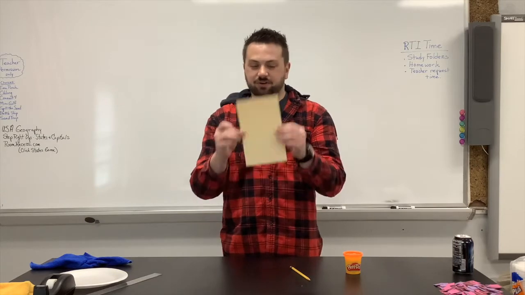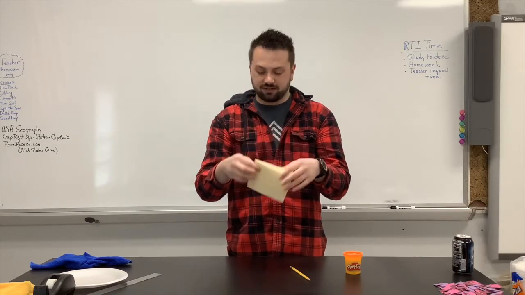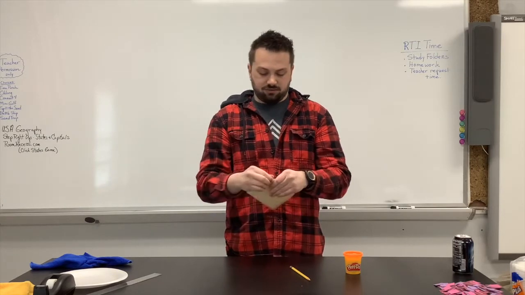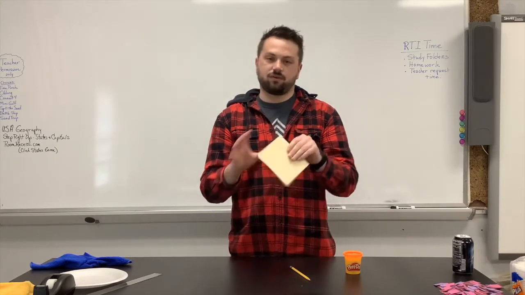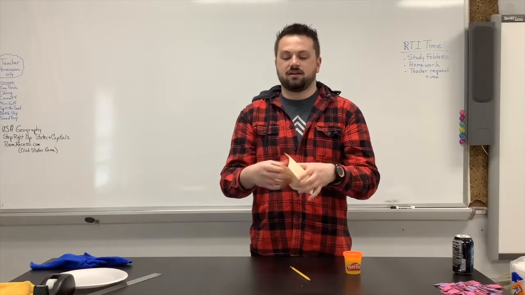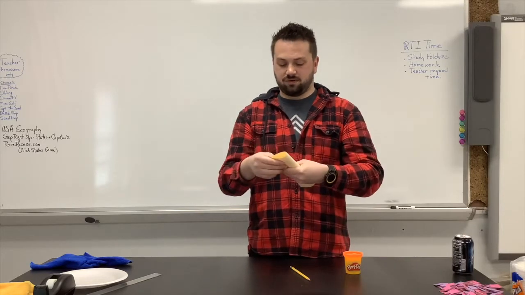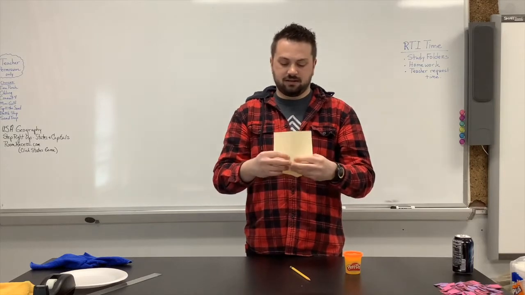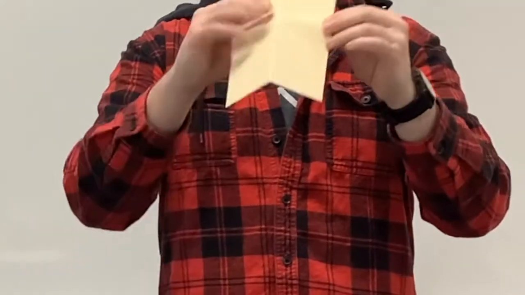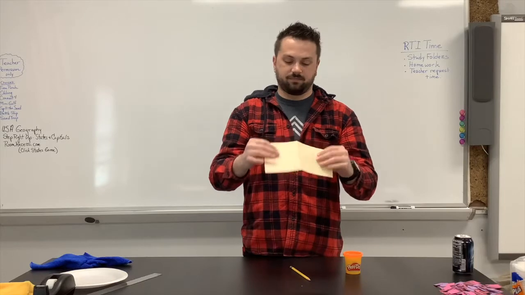What you're going to do with the paper, you are going to fold it up into 4. So fold it half, unfold it, and fold it halfway again. Alright, so you got that little kind of fan there. Alright, so here we go.